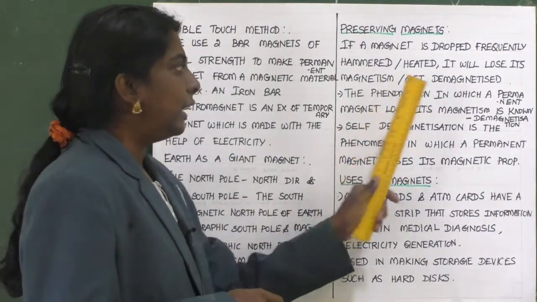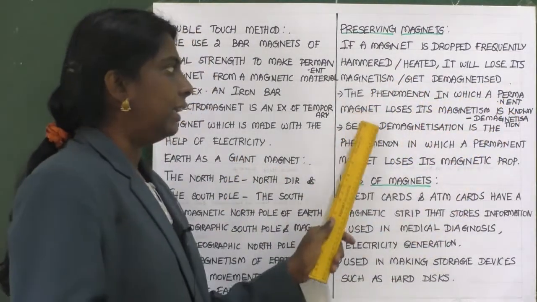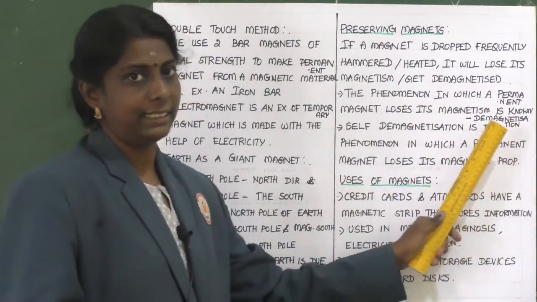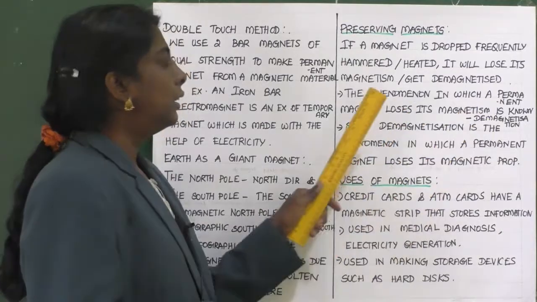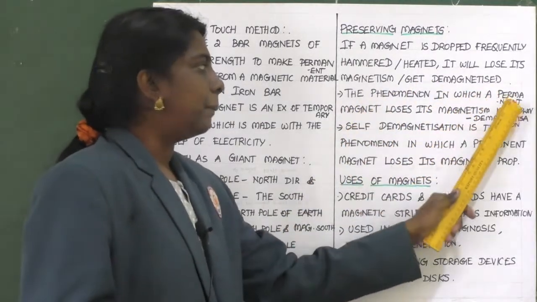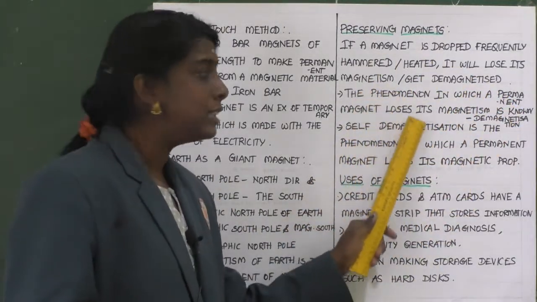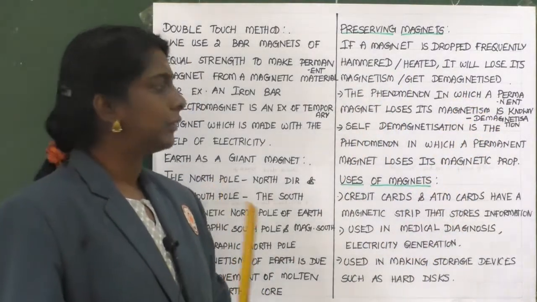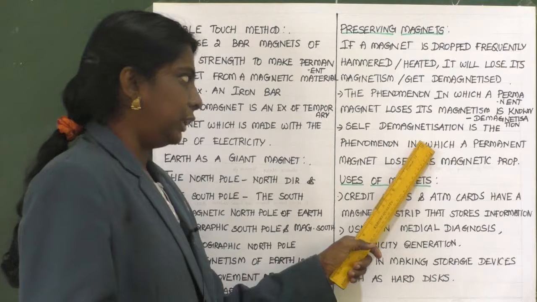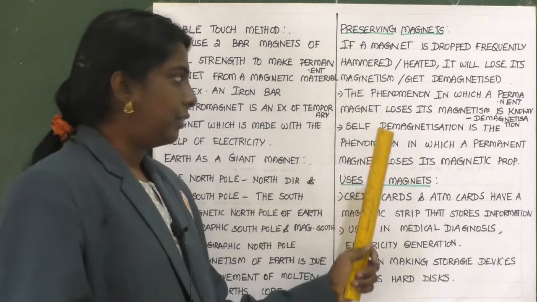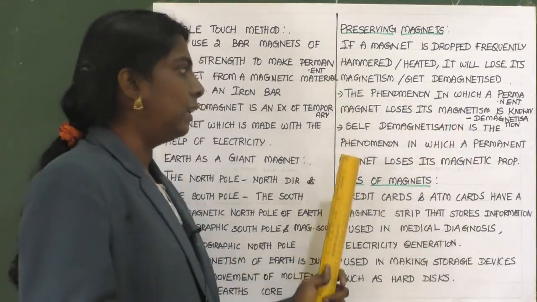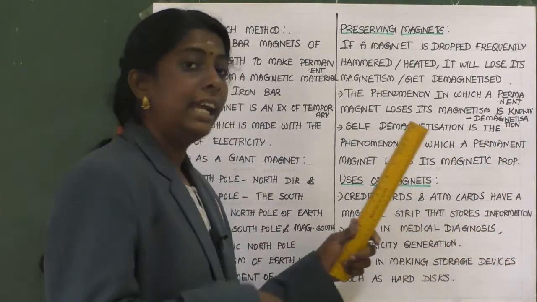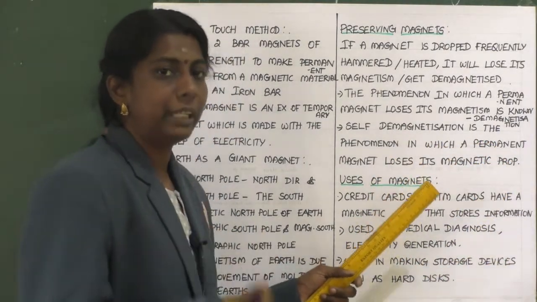The phenomenon in which a permanent magnet loses its magnetism is known as demagnetization. Self-demagnetization is the phenomenon in which a permanent magnet loses its magnetic property when it is not used for a period of time.